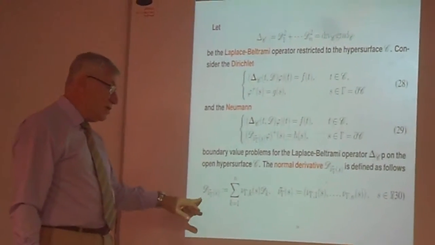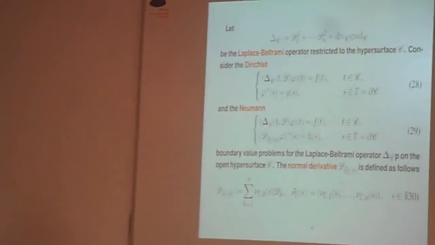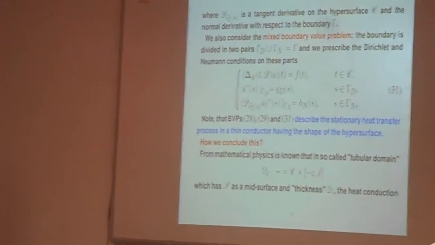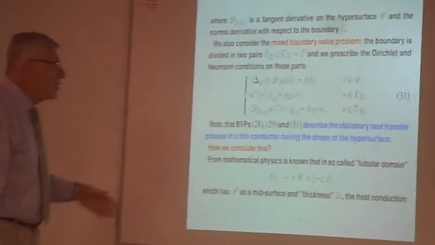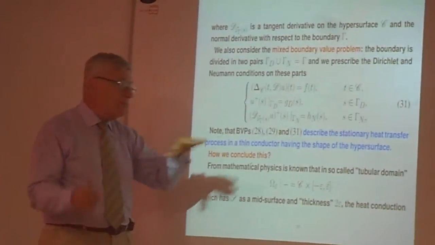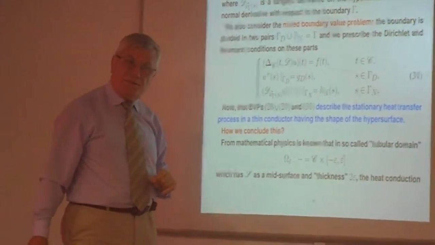Here is the definition of this normal derivative. We can consider also, and we are now finishing this work, partly finished, this mixed problem. When you divide the boundary in two parts, on one part you have the Dirichlet condition, on another part you have the Neumann condition.